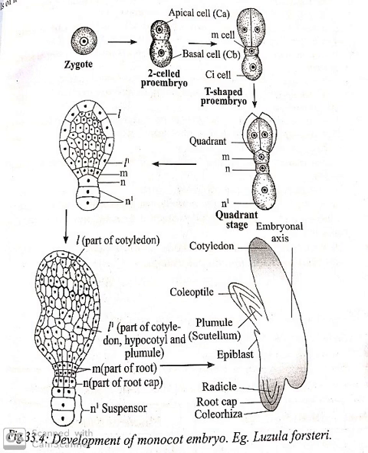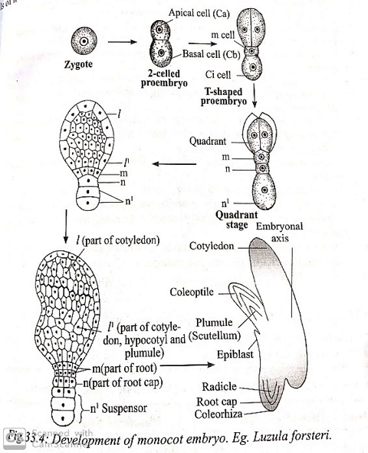The cell Ci undergoes transverse division to form two cells, namely N and N1. The cells of M divide and give rise to a part of the root and periblem.